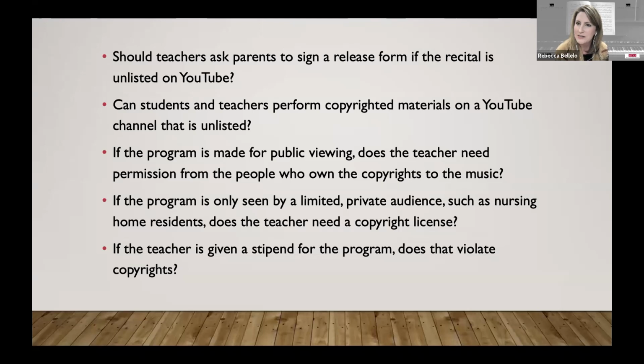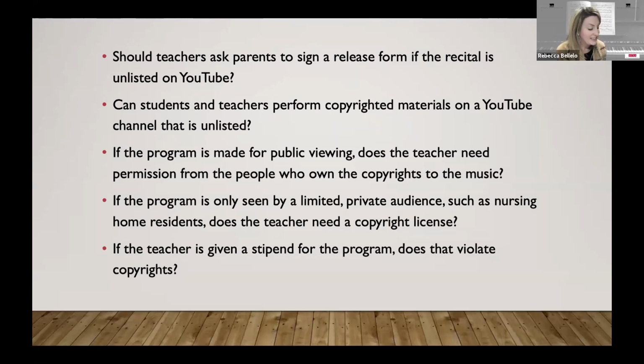MTNA also mentions another music licensing organization, SESAC. I'm not familiar with this one, so if anybody has information about it and wants to put it in the chat, please do that. But that public performance on a platform is where you might want to consider checking into getting a license for copyrighted music.